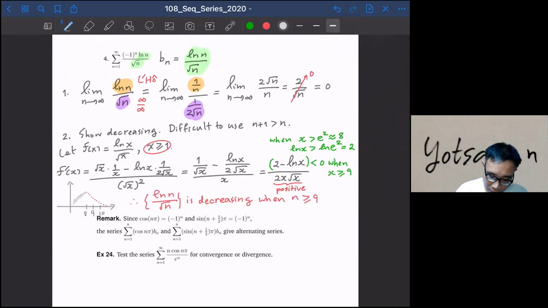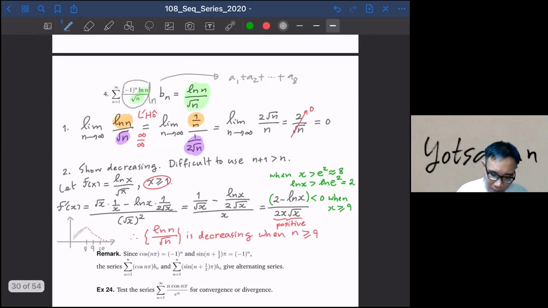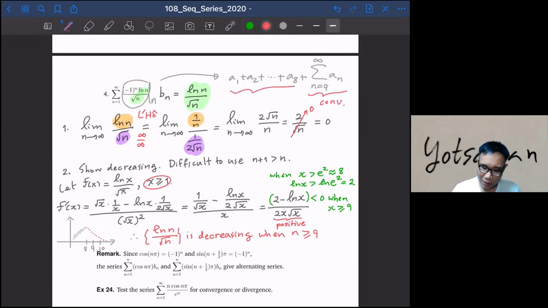If I call this term a_n, this series is a1 plus a2 plus up to a8, plus the sum from n equals 9 to infinity of a_n. What we care about is that this tail converges. The first part is just finitely many terms, so you just add 8 terms to a convergent series, and you can conclude that the whole thing converges.